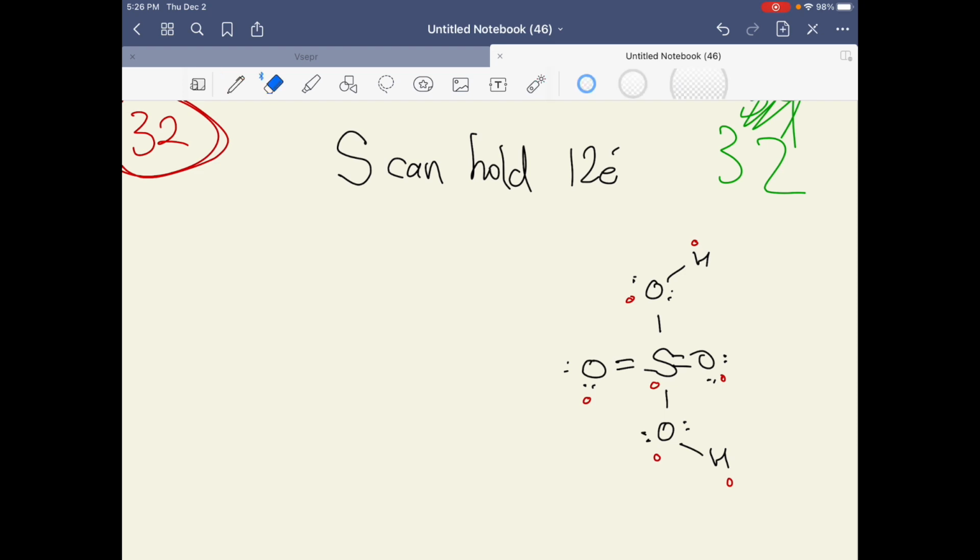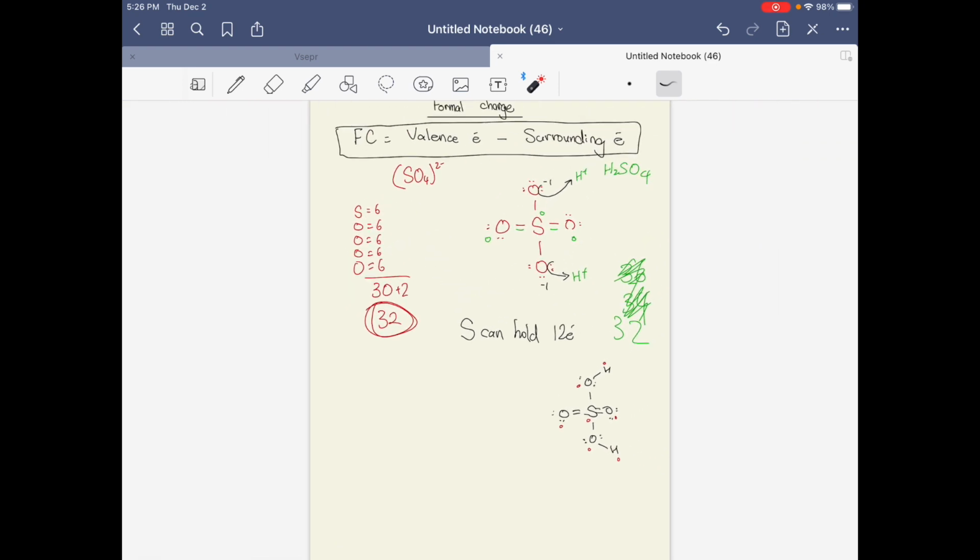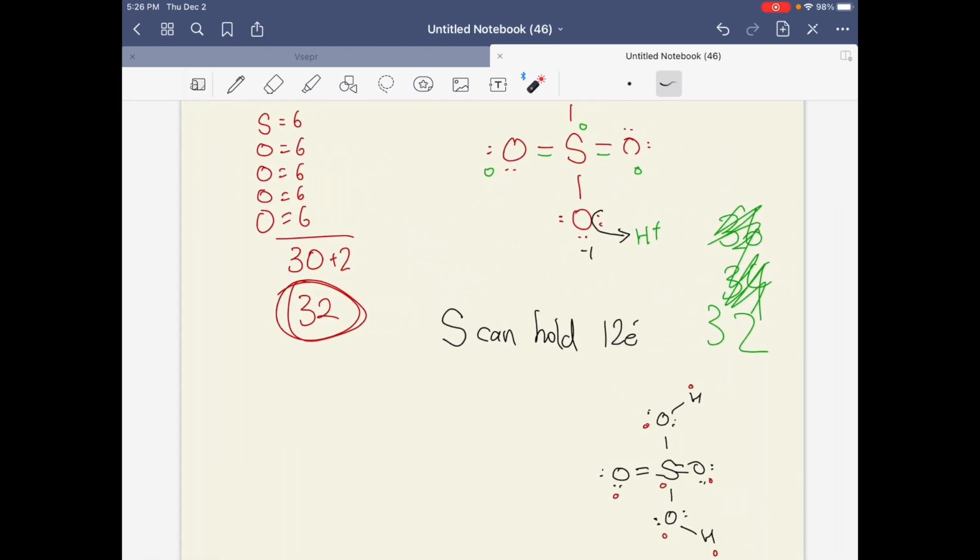But if you take these hydrogen and you put them here and leave these -1, you'll notice that these oxygen will end up having a charge again. And that's where we want to get to. We want to look at a situation. We want to look at 2 situations.